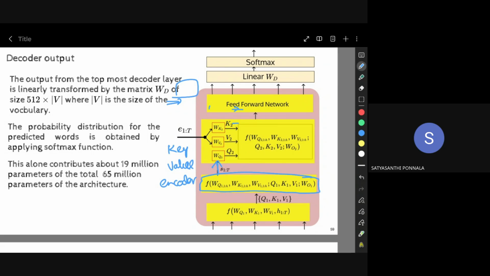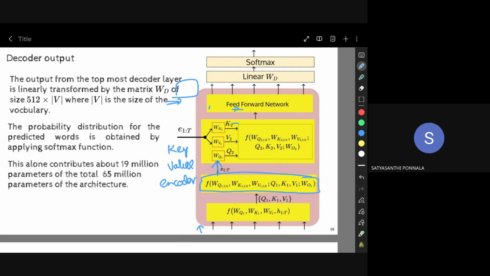Yes, but this time X is coming from the encoder. For example, here also it will be WQ1 times X only, but this X is from the decoder. So you can name it differently, maybe X1, X2, or whatever, but that's what we have to do.